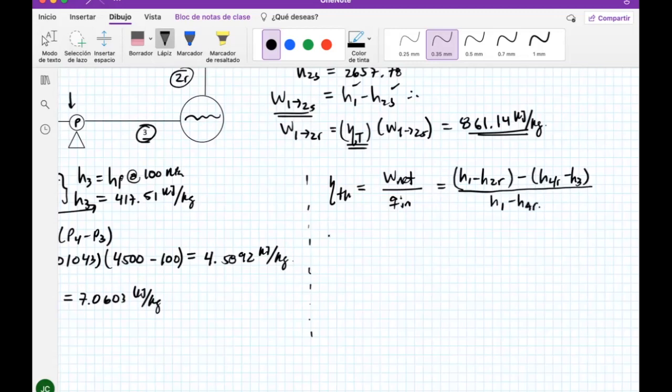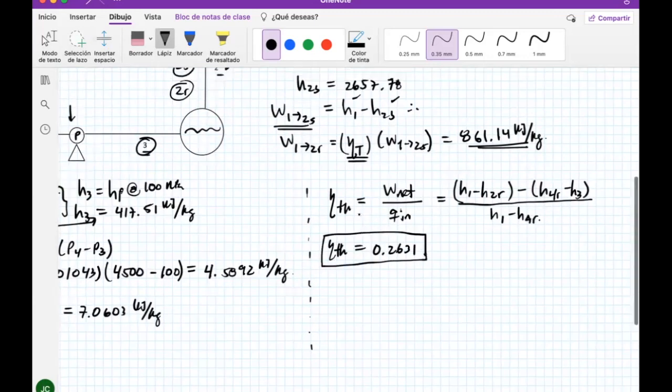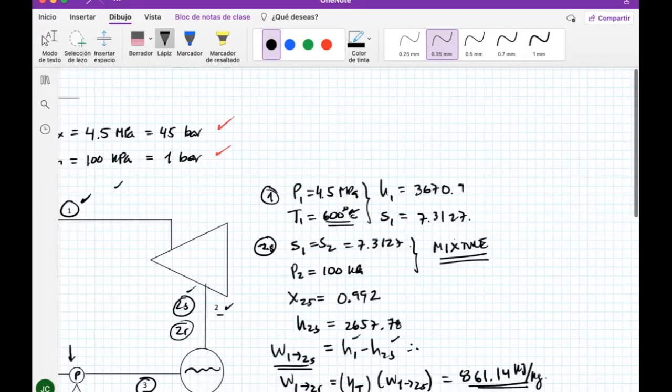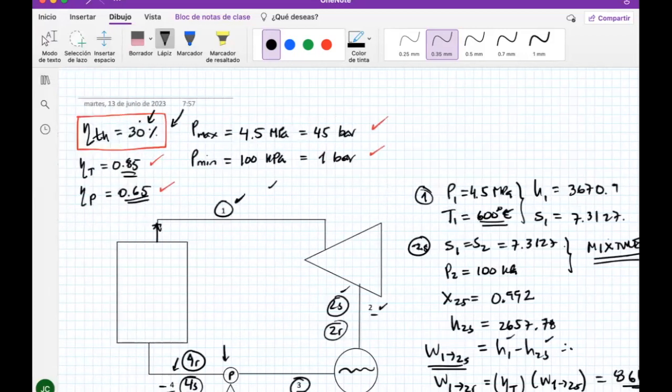If you introduce these numbers, you will get that this efficiency is actually 0.2631. So you have used a really high temperature, and still you cannot get to 30%. So something must be done here.